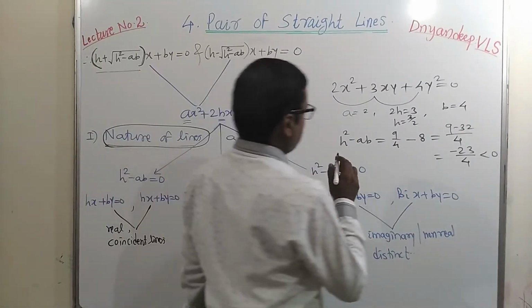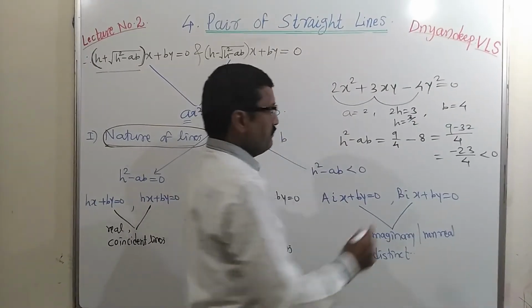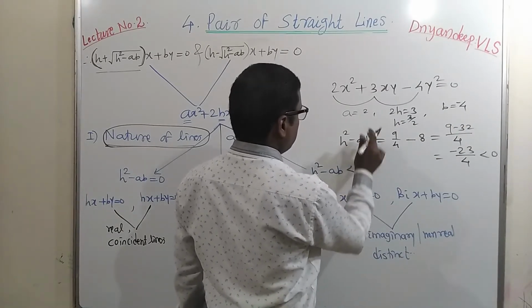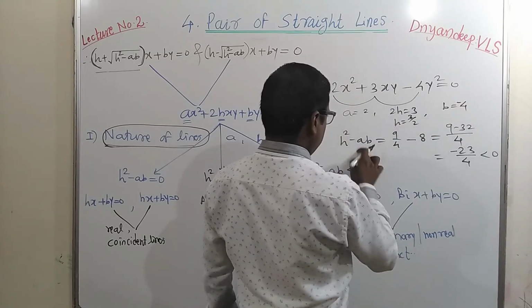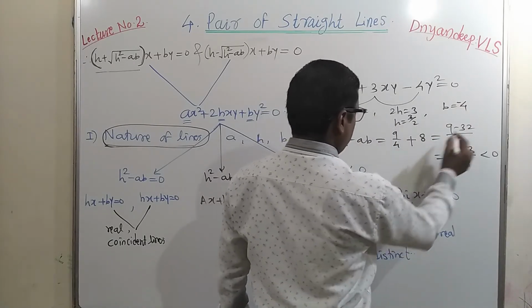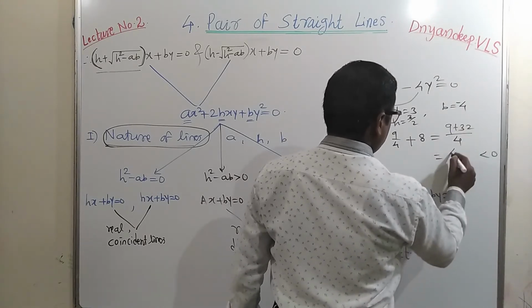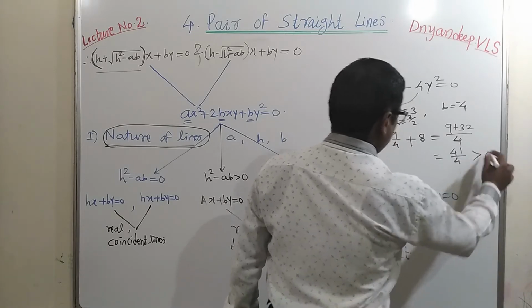But for instance, if we suppose b is negative 4, then ab will be 2 into minus 4, that is minus 8, and minus into minus becomes plus 8, so we get 9 by 4 plus 8, and the answer will be 41 upon 4, which is now positive.